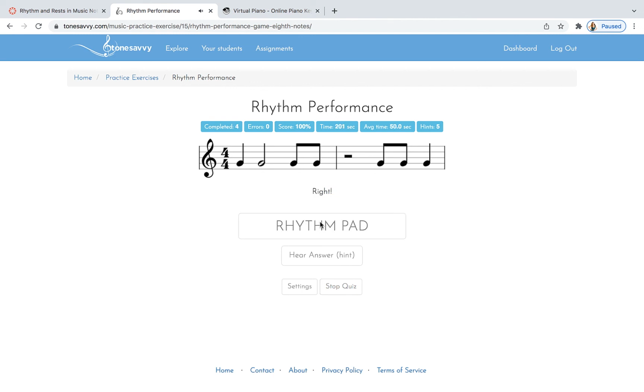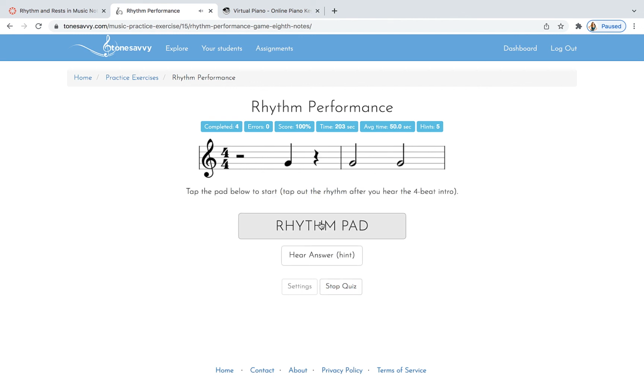Now let me show you a big mistake that I'll see students make. They may know that this goes 1, 2, 3, rest, 1, 2, 3, 4, but they don't have a good sense of time.